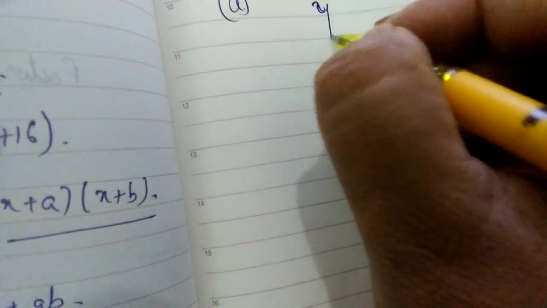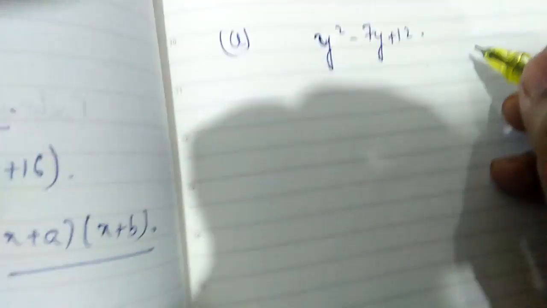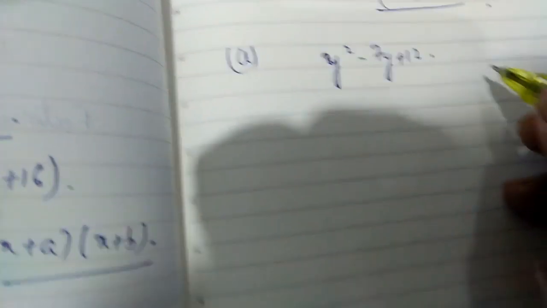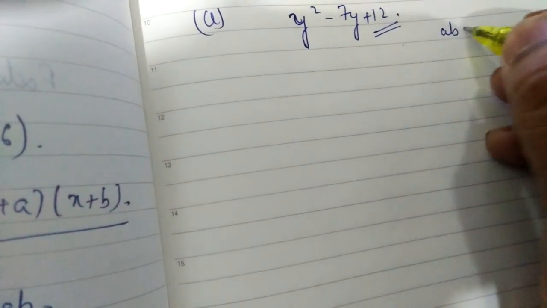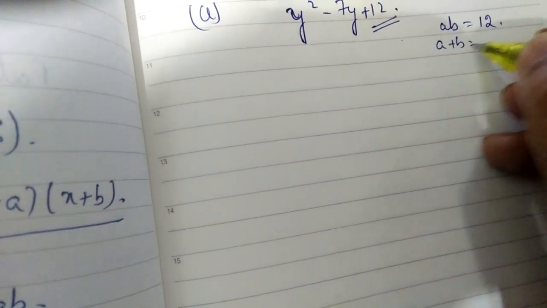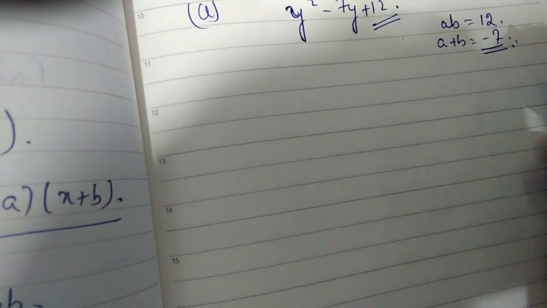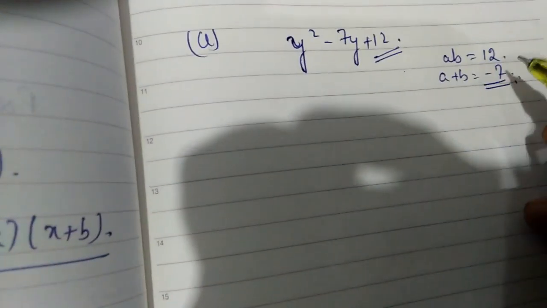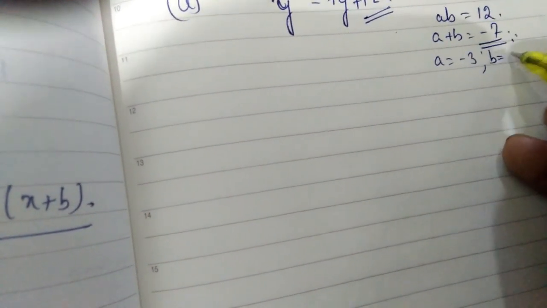y square minus 7y plus 12. Okay, so it's not in the form of a square. ab is equal to 12, a plus b is equal to minus 7. So the sum is negative, the product is positive. a is equal to minus 3, b is equal to minus 4.